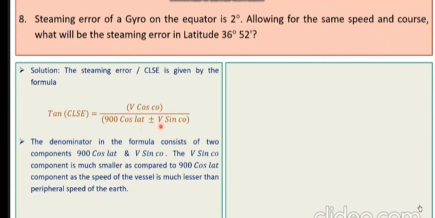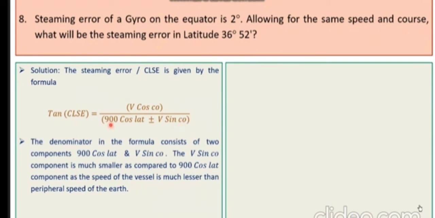As the speed of the vessel is going to be much lesser as compared to the peripheral speed of the earth. We have cosine of a quantity in the back, cos of latitude here, and here we have sine of cos. The value of cos lat as well as sine of cos never exceeds more than 1.